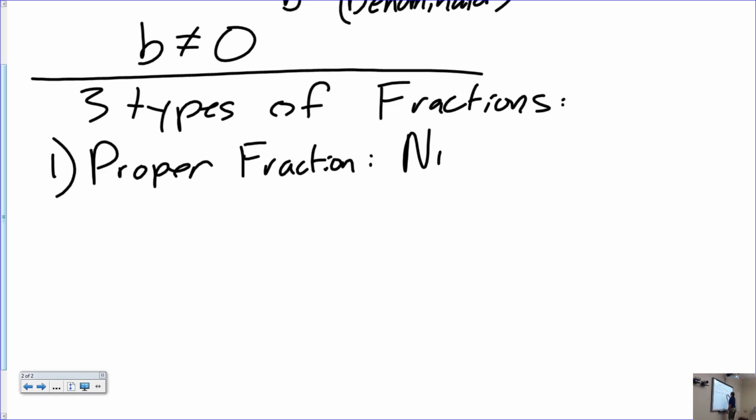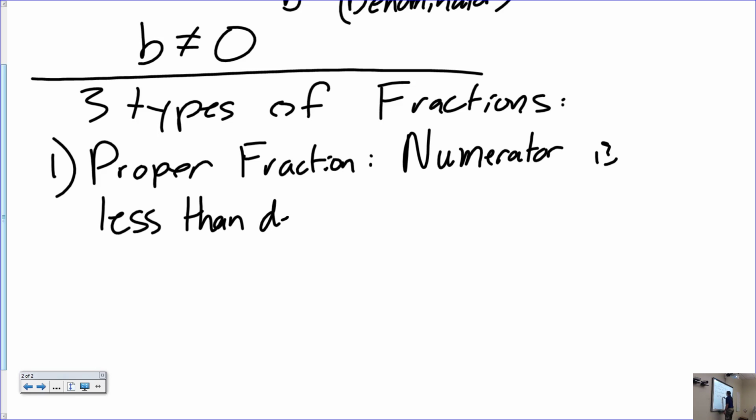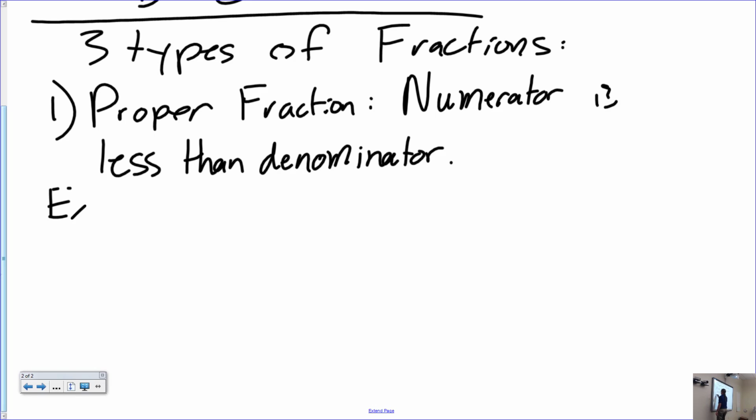The numerator is less than the denominator. And it does need to be strictly less than. Okay? None of this equal stuff, strictly less than. Alright?